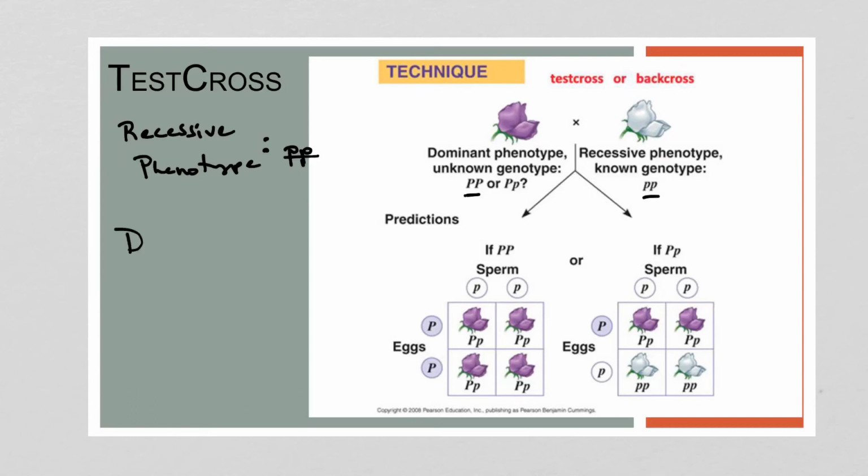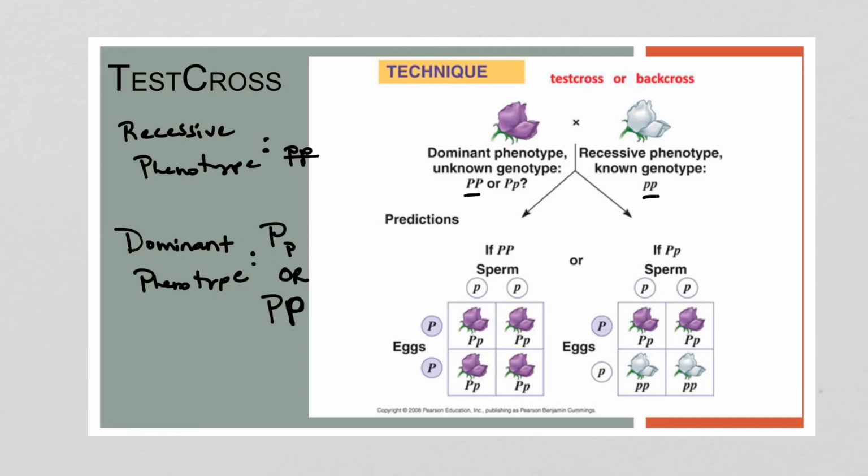But what about in the case of a dominant phenotype? Dominant phenotype, forgot a letter there, could be either big P, little p, or big P, big P. And if you don't know for sure, the way that you can figure that out, if you don't want to isolate the genes and run a gel and do that type of analysis, is by crossing them with a recessive genotype, a known genotype.